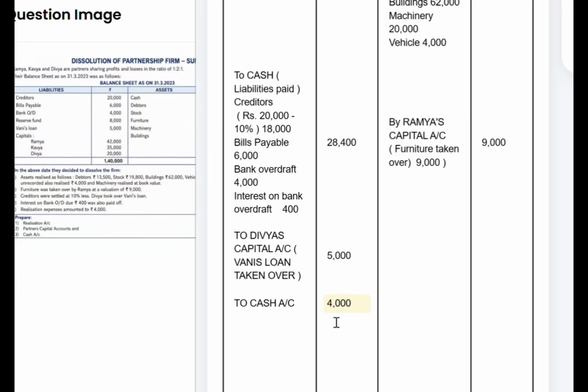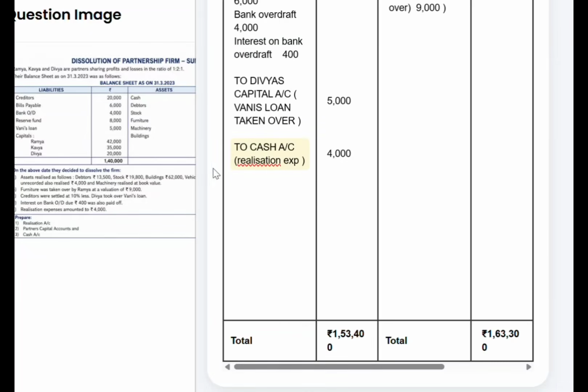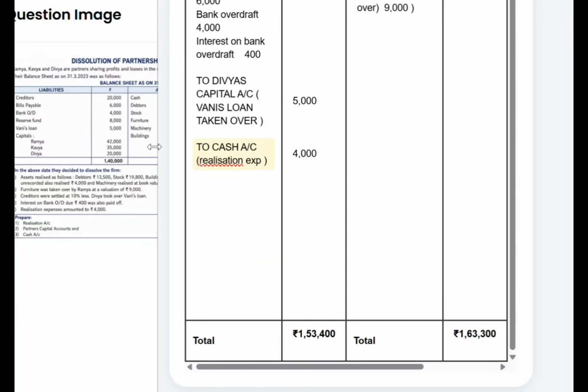Now once all the entries are done, we need to balance it. Now when we take the total of the debit side and the credit side of the realization account, the debit side total will be 1,53,400 and credit side total is 1,63,300. So credit side is more.